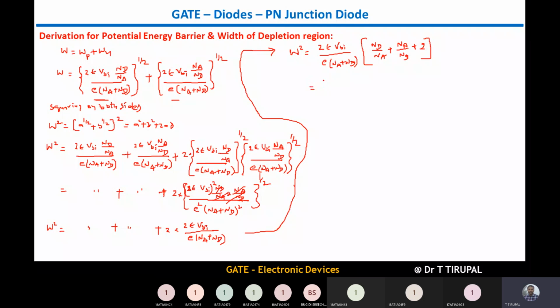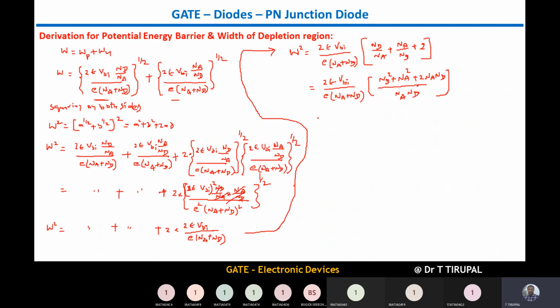This is equal to 2 epsilon VBI divided by E NA plus ND. Take out LCM here. What is LCM here? NA into ND. LCM is NA into ND. So if it is NA into ND, what happens here? You get ND square. What do you get here? NA square you get here, plus 2 into NA ND you get.